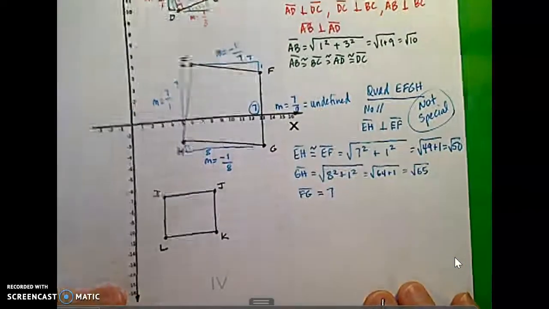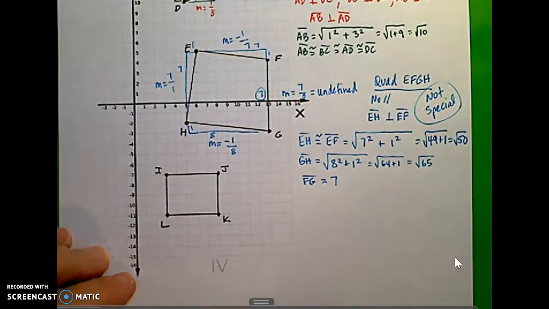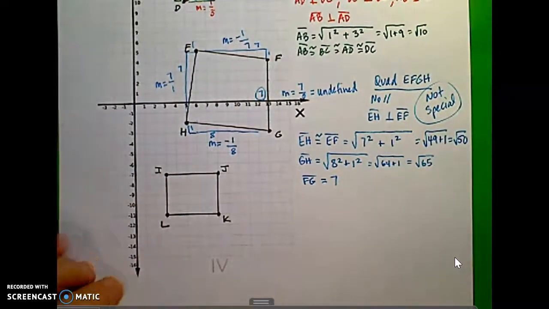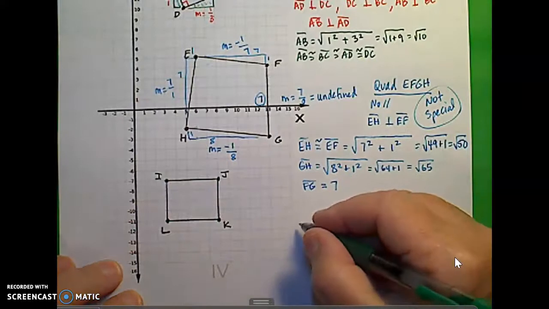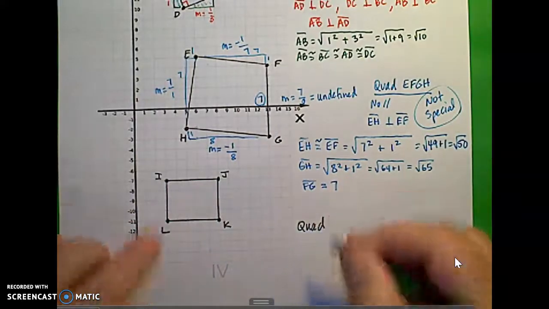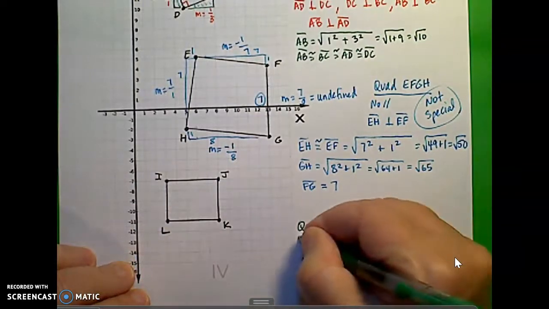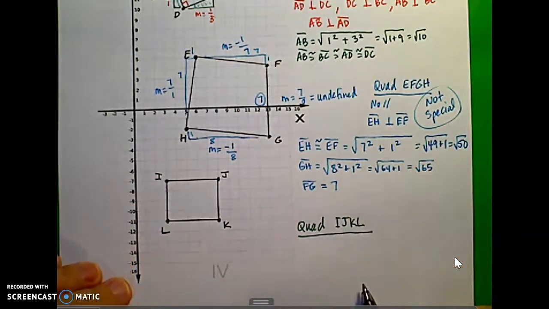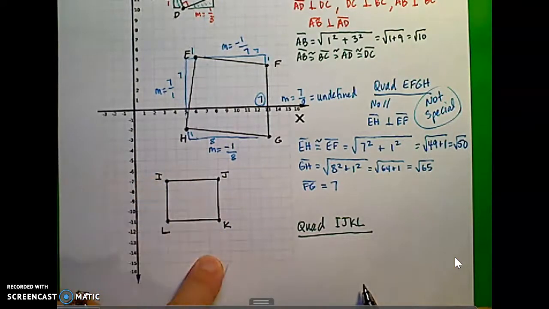Okay, let's look at the last one, and I can visually see that it's a square. Oh, it's not a square. I thought it was a square by looking at it. I can see that I have right angles here. Let's go ahead and do the work. Quadrilateral here, IJKL. And I have horizontal and vertical lines here.